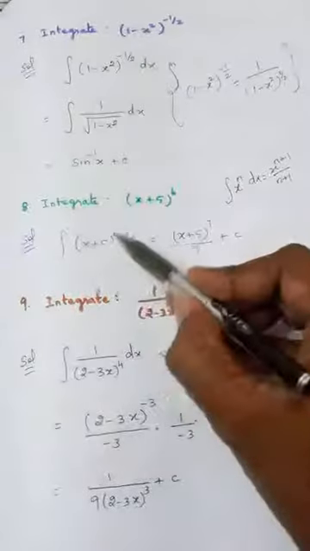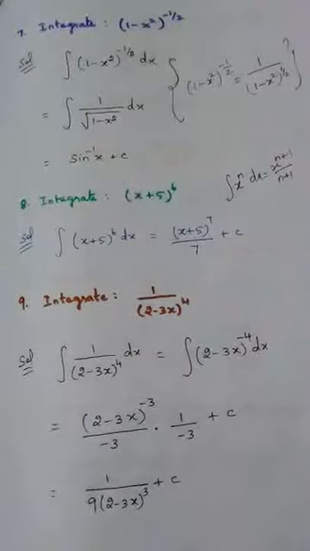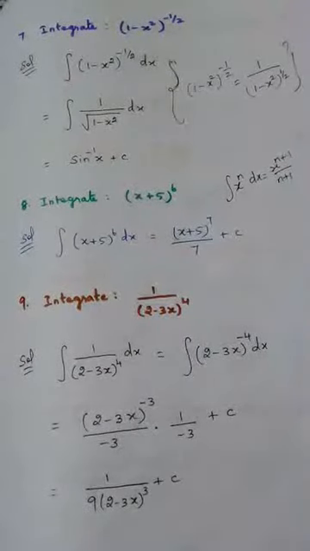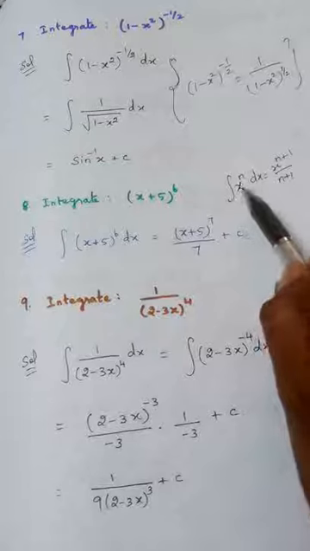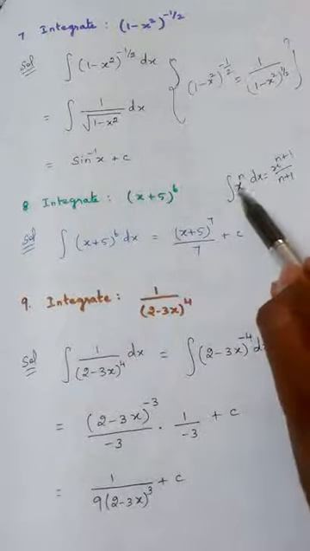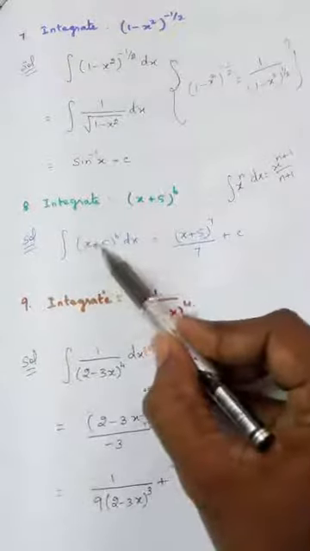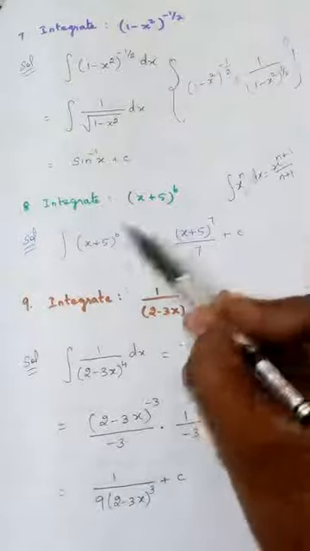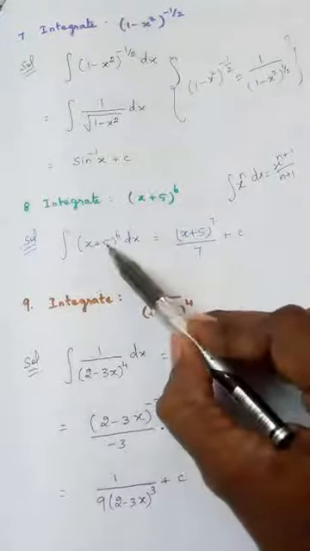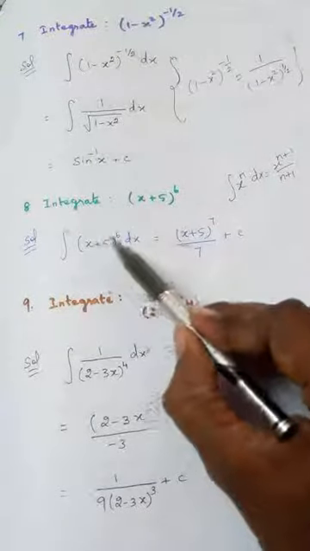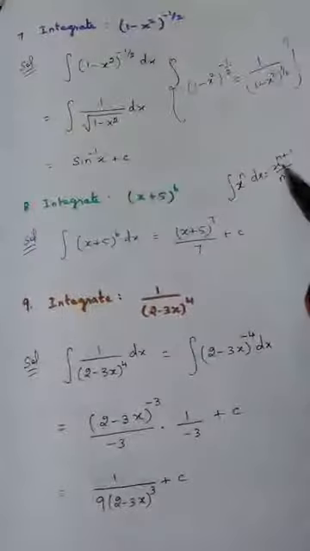I would have told you this concept in differentiation itself, so try to understand very carefully. Applying this formula, but in place of x we have x plus 5. In cases like this, we can apply the same formula.